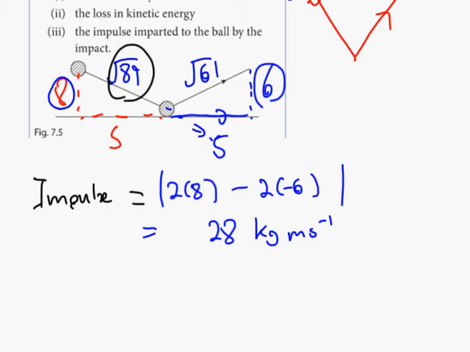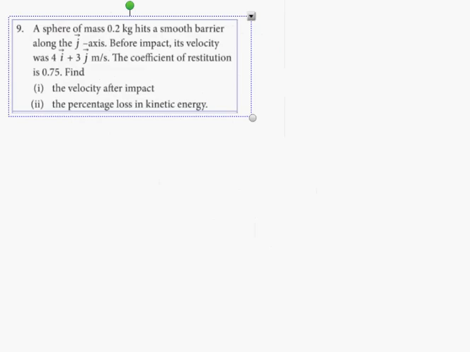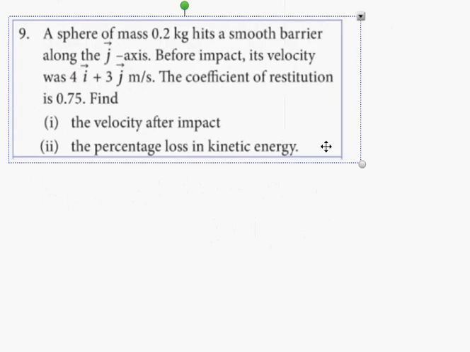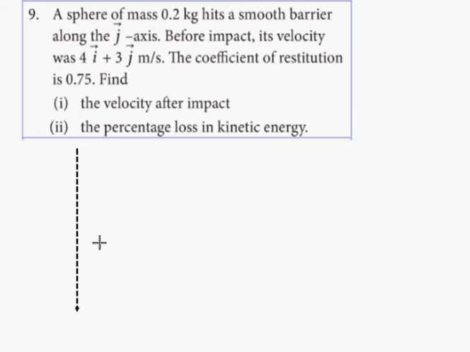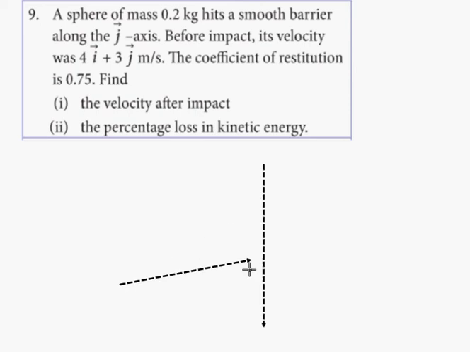Okay? Now, number 9. A smooth sphere of 0.2 kilograms hits the smooth barrier along the j-axis. It's going 4i plus 3j. So 4 across, 3 up.